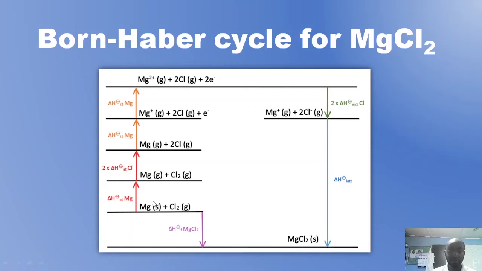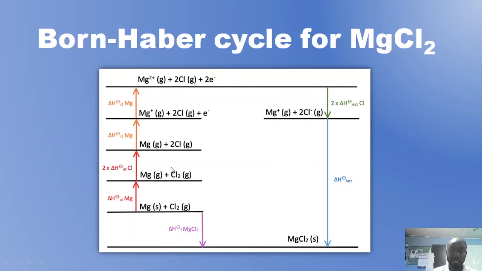Now from this state we move to the enthalpy of sublimation or atomization of magnesium. Magnesium changes from the solid state into the gaseous state, which is the enthalpy of atomization or enthalpy of sublimation.